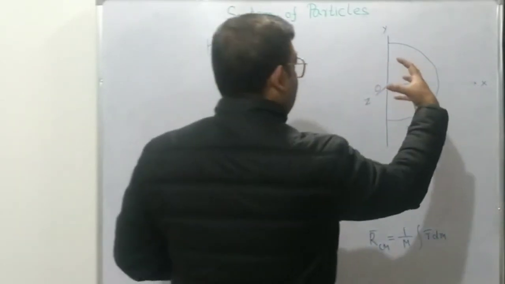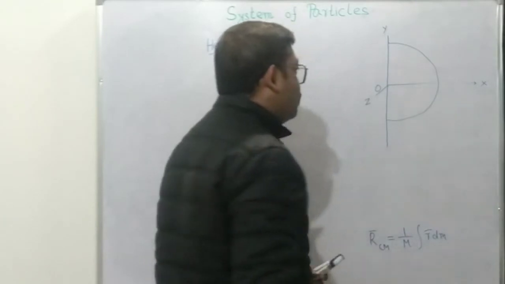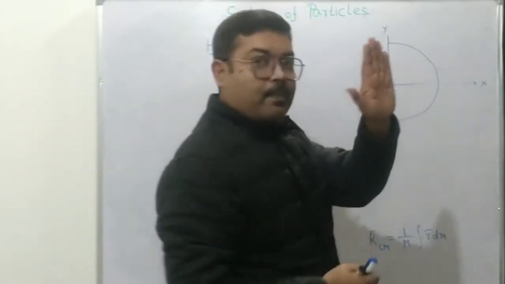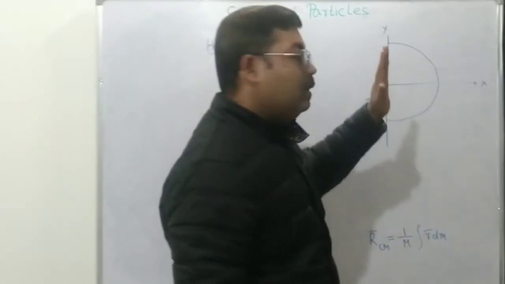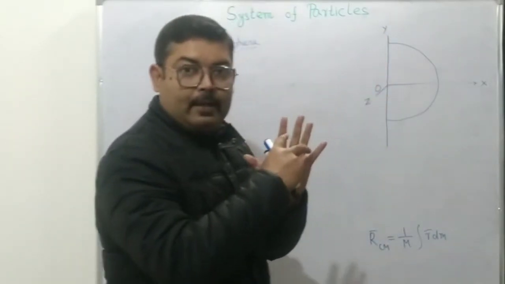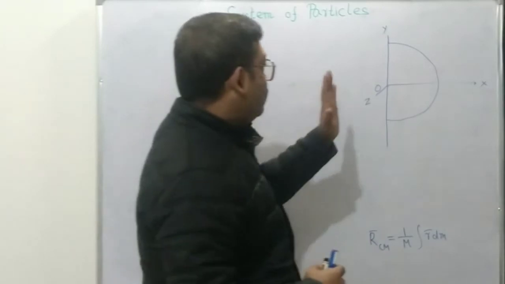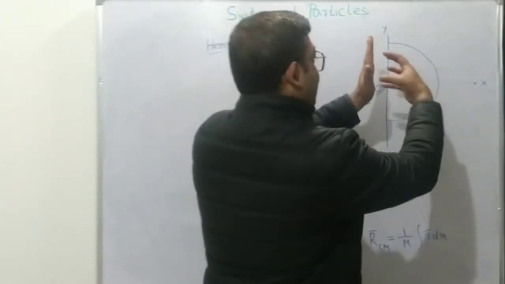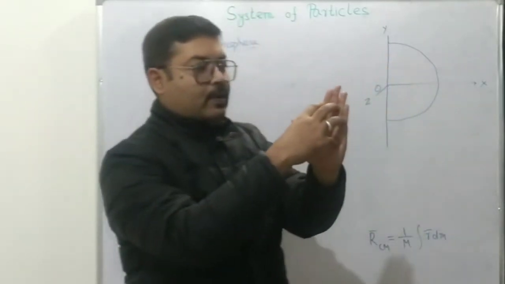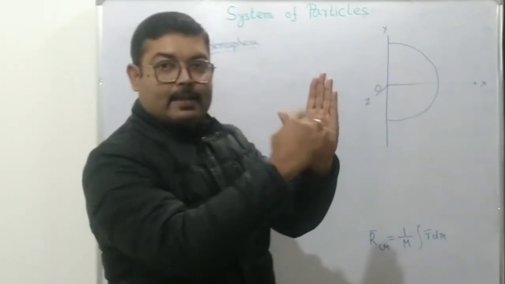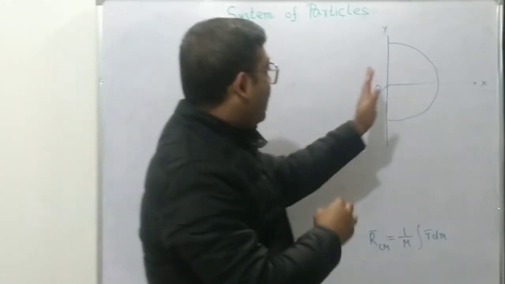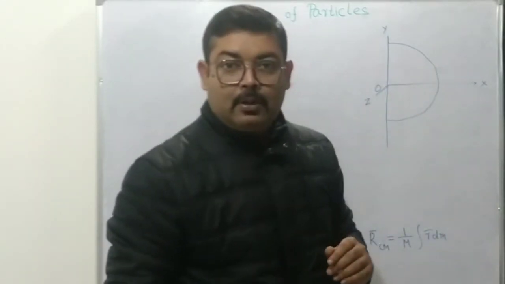This object will be standing like this, vertical to the board and coming out. If you look at this that way, then this is the yz plane and the hemisphere is like this. If you rotate this, what you will see is that about the y-axis and the z-axis, the hemisphere is symmetric. However, about the x-axis it is not.